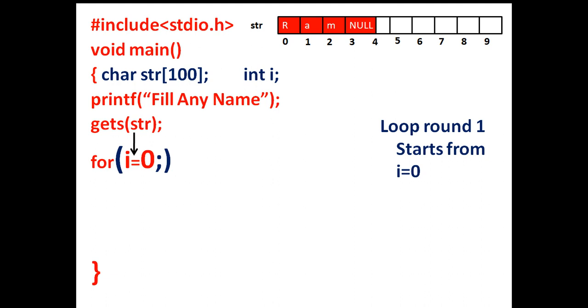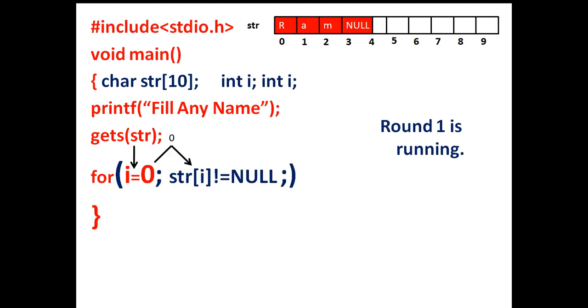So here we will give a condition. What is the condition? str[i] not equal to null. So the loop will check this condition. The loop will run always according to this condition. Whenever this condition is true, the loop will keep on entering its body and keep on executing its statements.